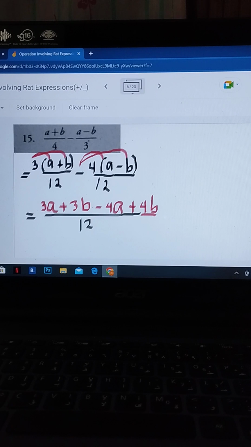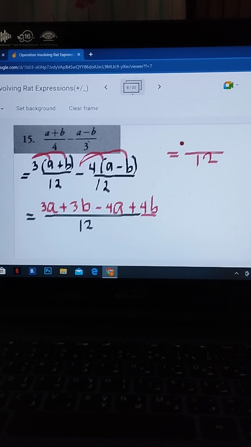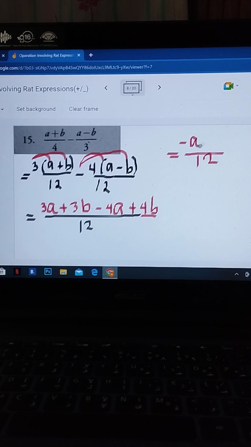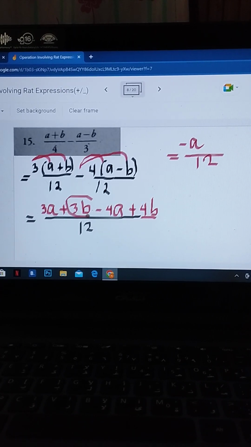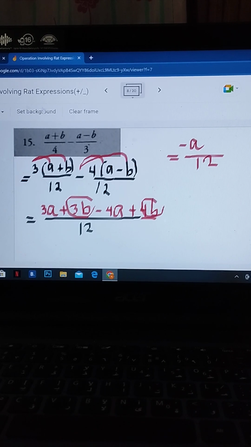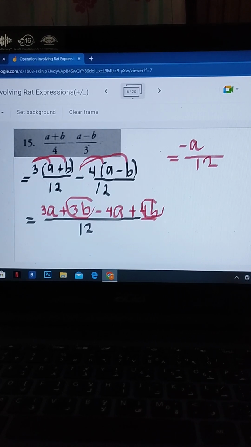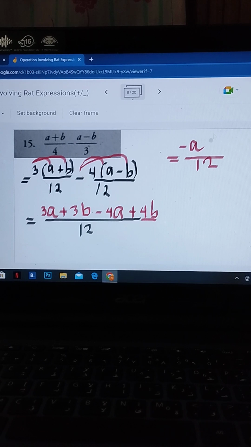Okay, so you combine now, that is equal to, copy the same denominator 12. Combining like terms, 3A minus 4A is negative A, and then 3B plus 4B is positive 7B.